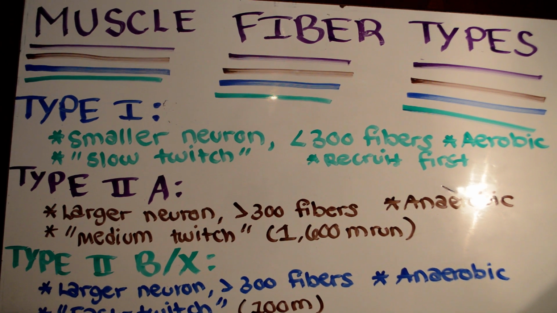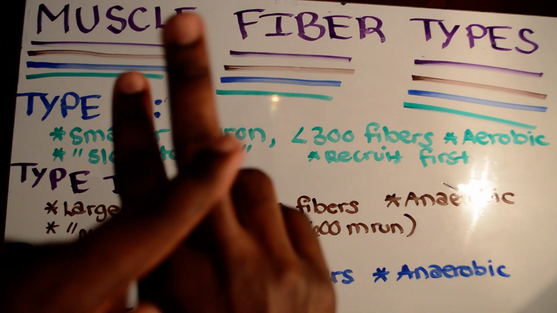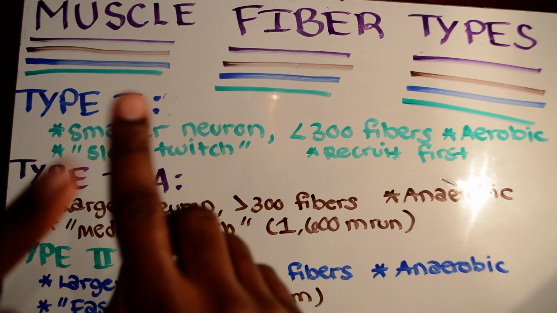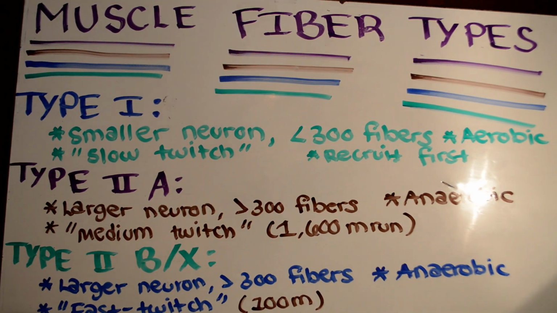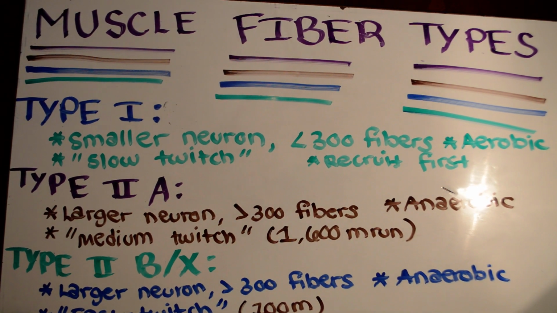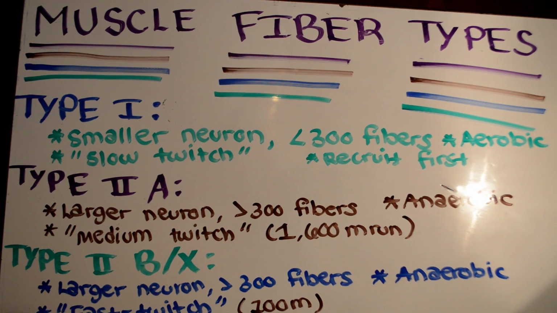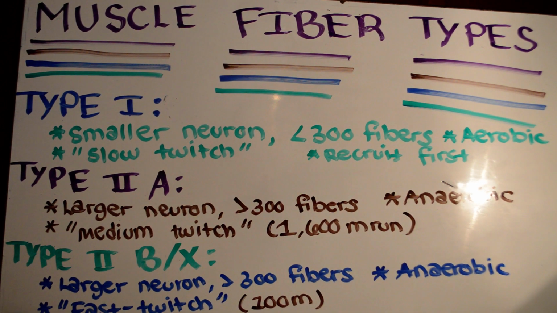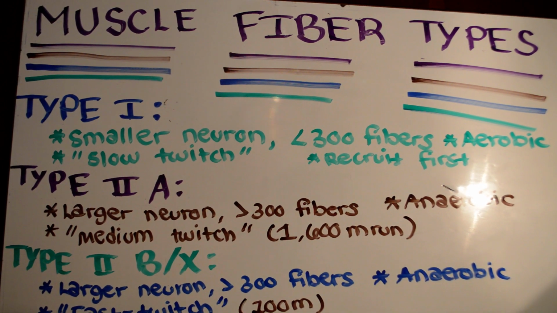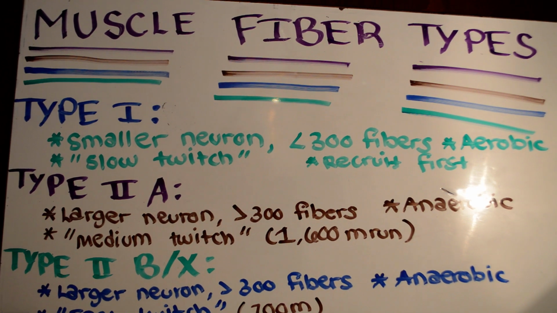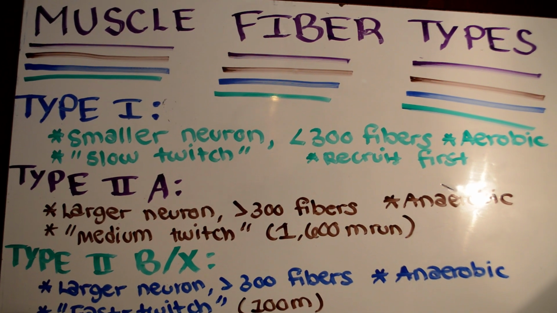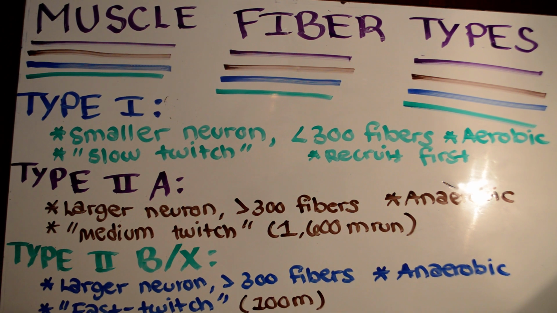So with the 3 types of muscle fibers, really only 2, but one of them has a subcategory, which is type 2. But we're going to start with type 1. Type 1 muscle fibers are what you'll see in people such as marathon runners, people doing constant exertion, contracting their muscle fibers for long bouts of time. We consider them slow twitch just because they move slower.